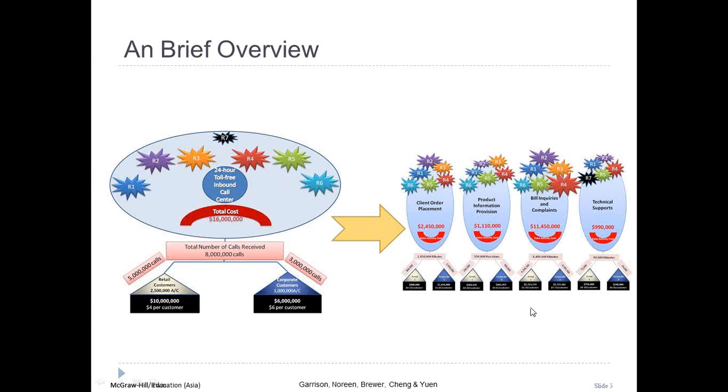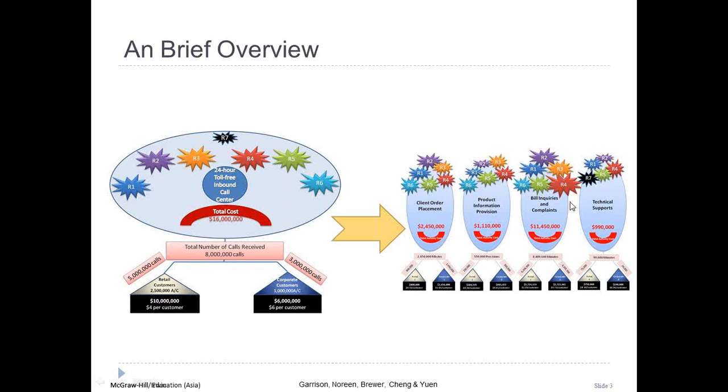Now we start to see where all the costs are being incurred, and it's in bill inquiries and complaints. What we would like to see is client order placement, but instead we're seeing complaints. So this gives us some information that can help us maybe rationalize or improve some of the issues that are facing the underlying company.